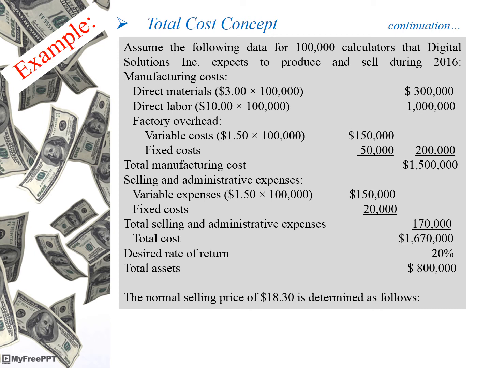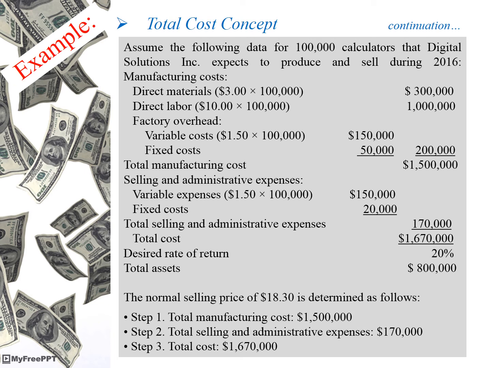Step 1. The total manufacturing cost is $1,500,000. Step 2. Total selling and administrative expenses is $170,000. Step 3. Total cost is $1,670,000.